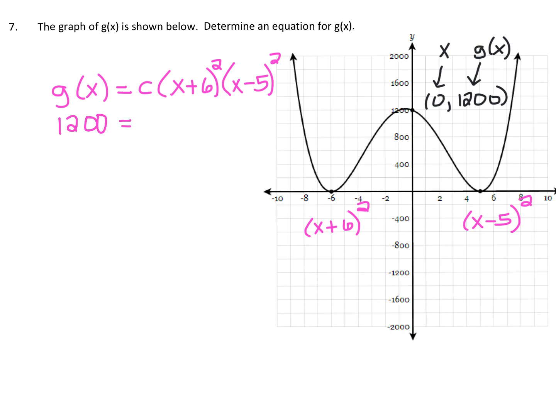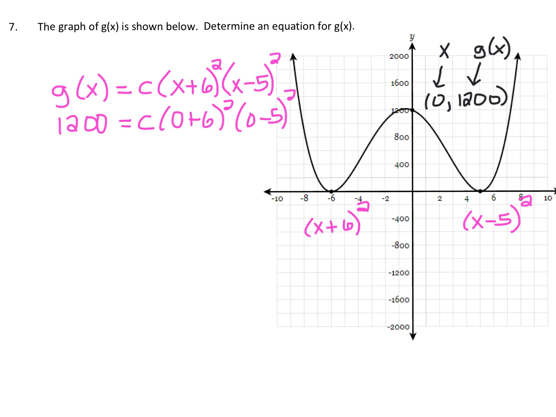Then we could bring down the equals c, and then wherever I see these x's, I'm going to replace it with 0. So we're going to have 0 plus 6 squared, and then 0 minus 5 squared. Okay, and the reason we plug in a coordinate is so that we can solve for c. So let's do that.